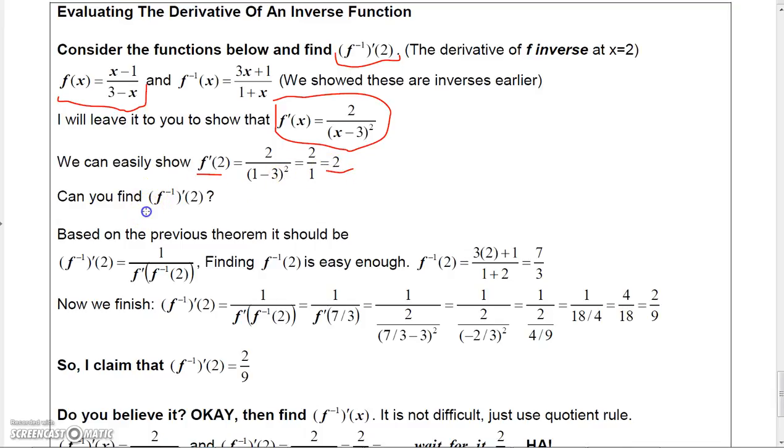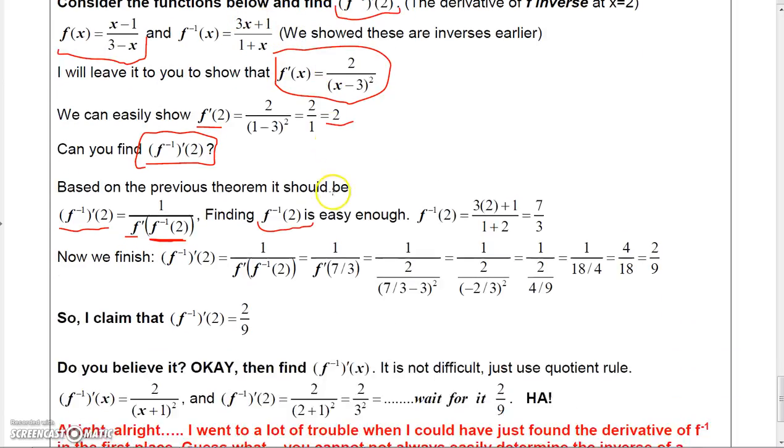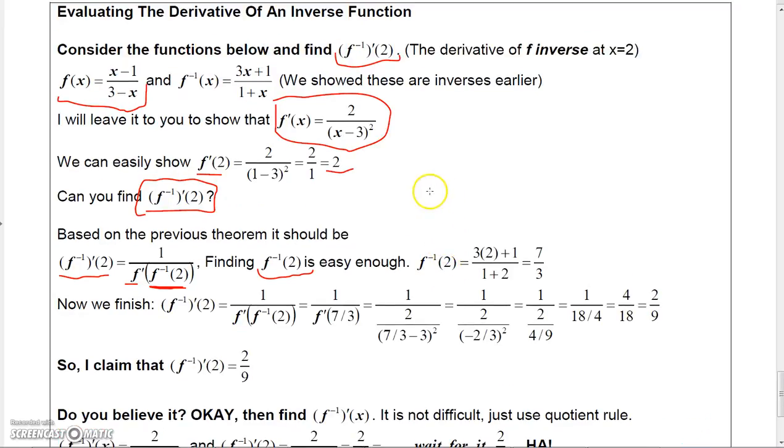Now we want to find the derivative of the inverse at 2. From the theorem, the derivative of the inverse at 2 is 1 over the derivative of the function evaluated at what you get when you evaluate the inverse at 2. Finding f inverse of 2 is easy enough, since I know the inverse is this function. So f inverse of 2 would simply be 3 times 2 plus 1 over 1 plus 2, which is 7/3.